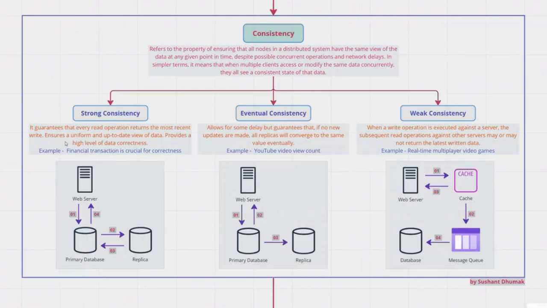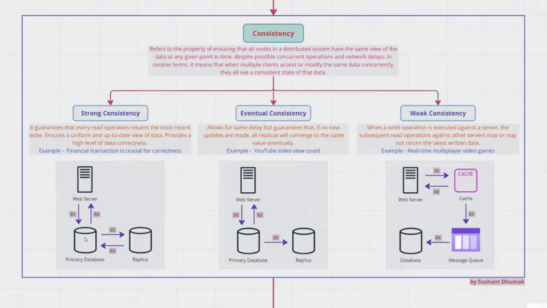So what we usually do, see how strong consistency works. I've just given an example here: suppose a user is working with an ATM, trying to remove cash. That cash removal process will first go from the web server, whichever web server is handling that transaction, to the primary database. The primary database is not the only database.